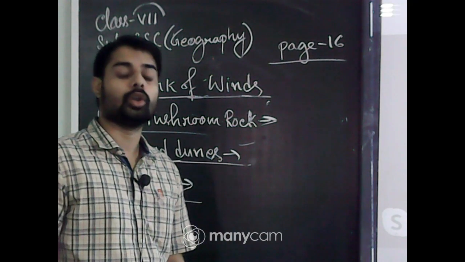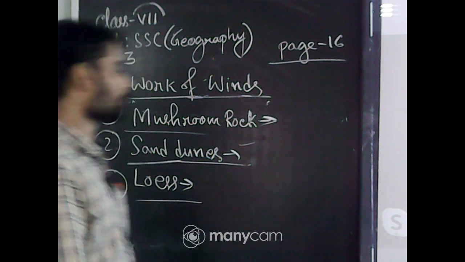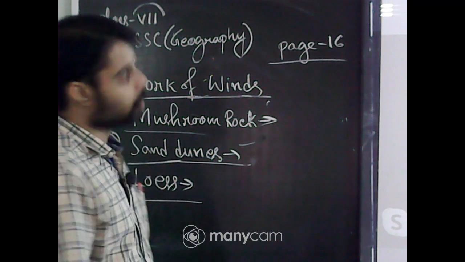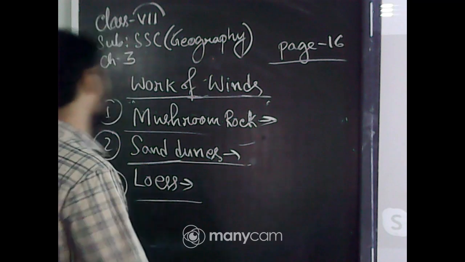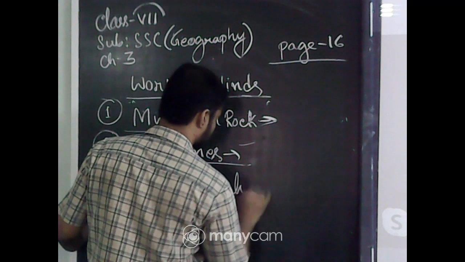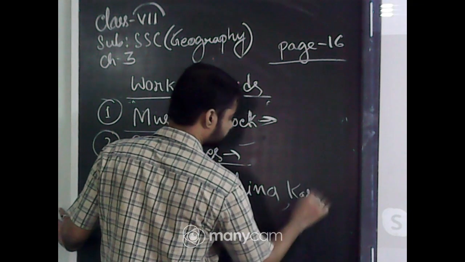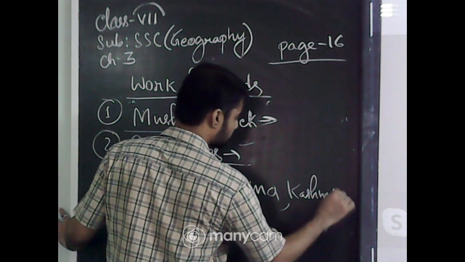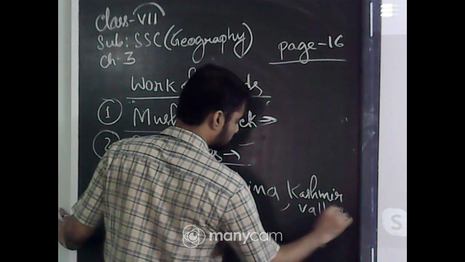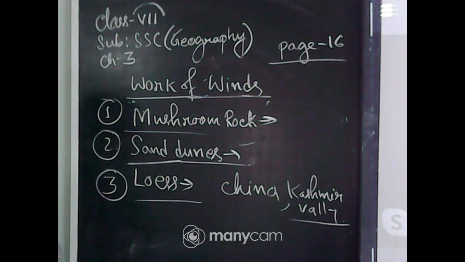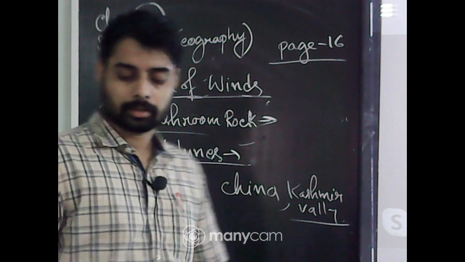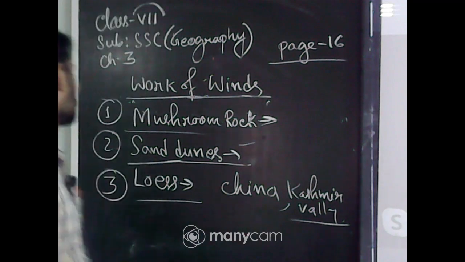It is called loess. This type of loess is found in China and also in the Kashmir Valley. Students, understood what is loess?